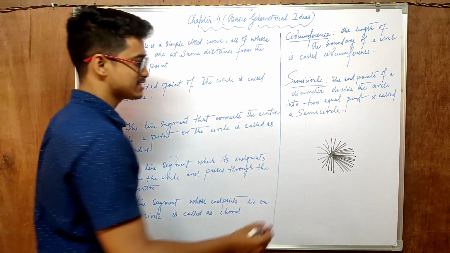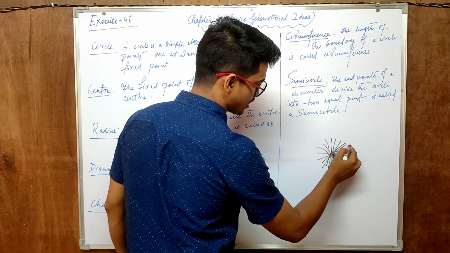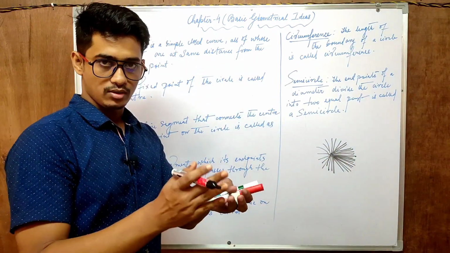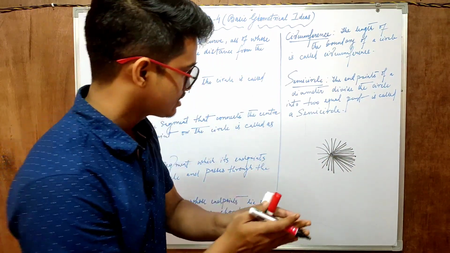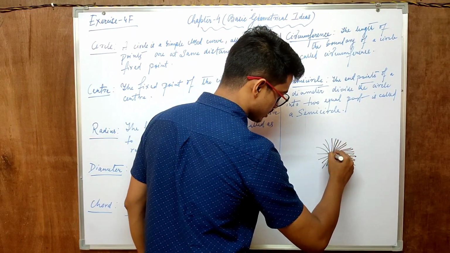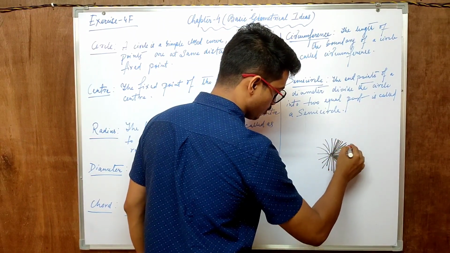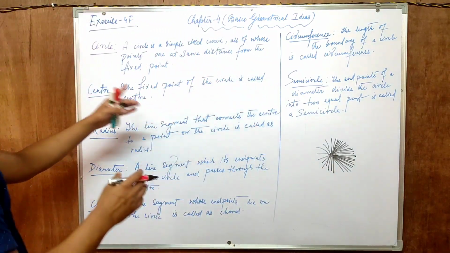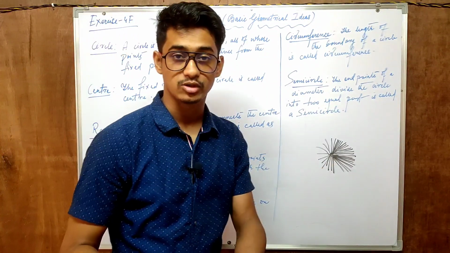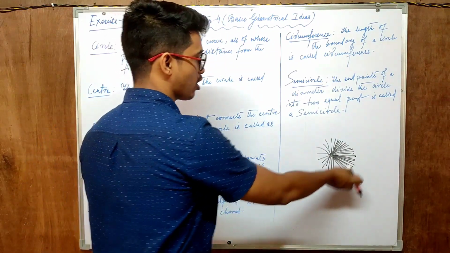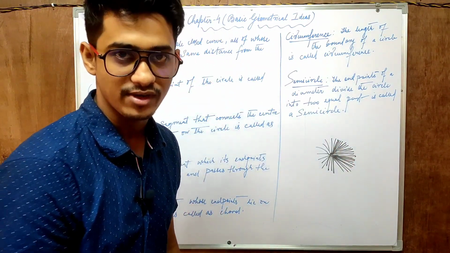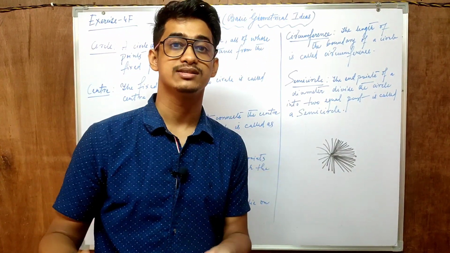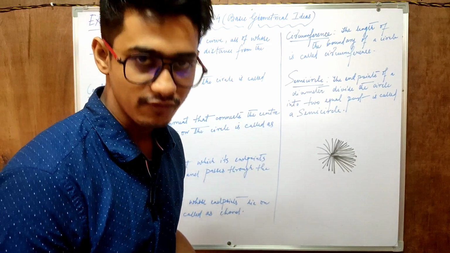When we join these points together, because there are infinite lines, between two lines a third line may be created. We can create the third, fourth, fifth lines because they have said that all of whose points are at the same distance. So all the points, and here how many points can be created? Infinite points. Infinite points means we cannot even count how many points are actually there. That is the meaning of infinite.